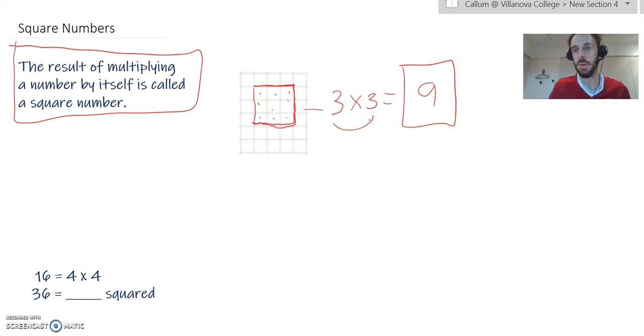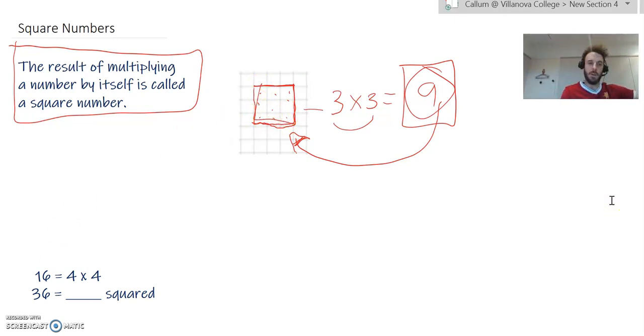As a bit of revision, remember any numbers that multiply together to give you a result are called factors. So in this case, 3 is a factor of 9, and we've done 3 multiplied by 3, or 3 squared, and that's given us 9, which is a square number because we can draw 9 on a little visual representation like this to show us that it is a square number.